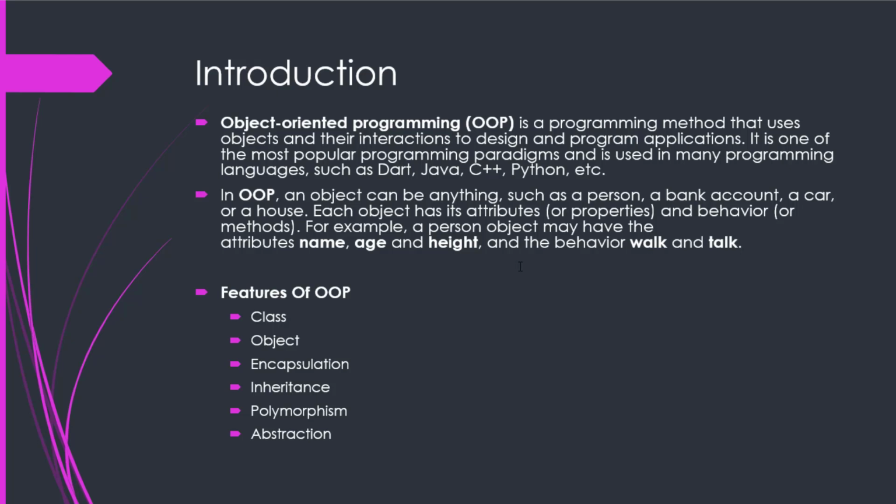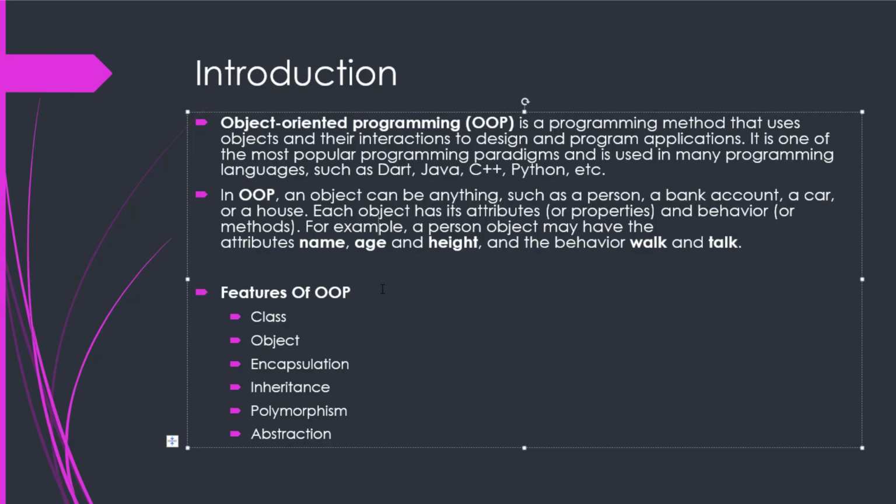For example, we have a person, and we have a requirement to store the data of the person. We will create a class with the name person, and we can add different attributes, for example name, age, and height. These three are the attributes of person, and then we can use this person class in our program when we need to deal with the data of a person.